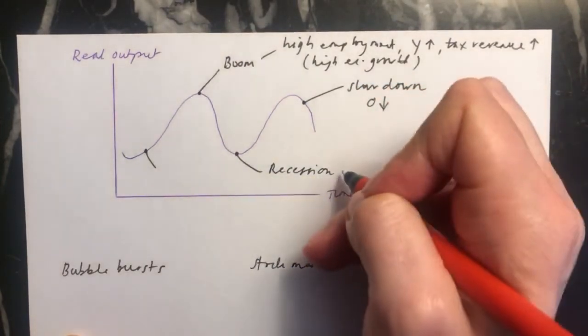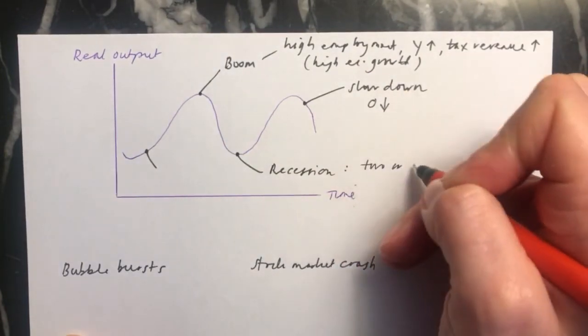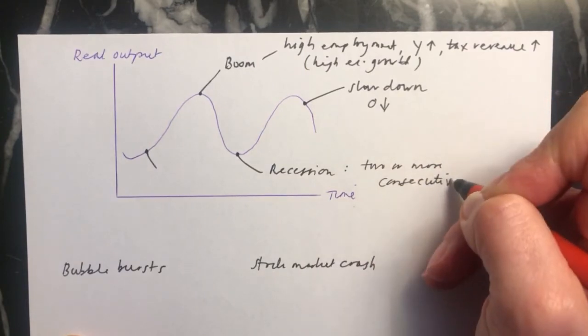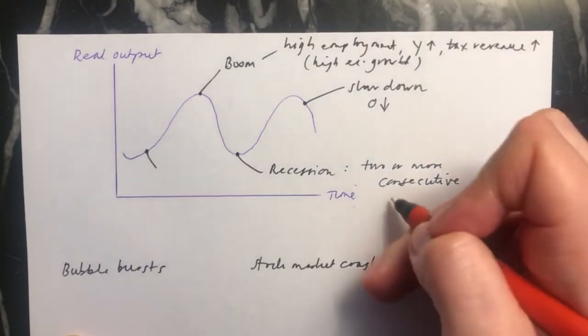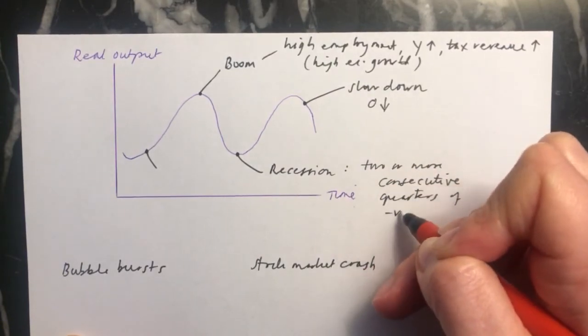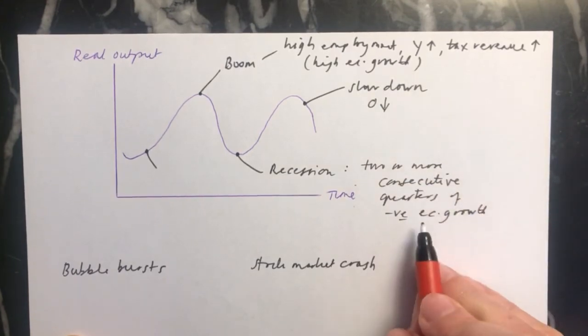The official terminology for a recession, the definition, is 2 or more consecutive, that means immediately after each other, quarters of negative economic growth.